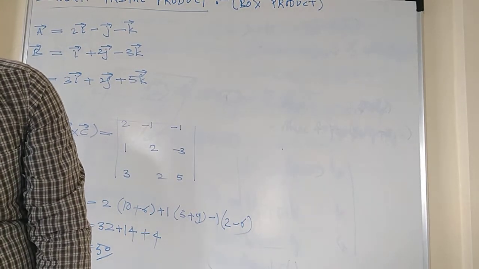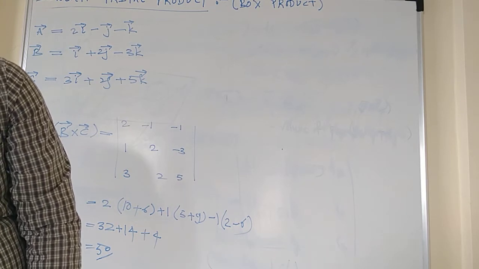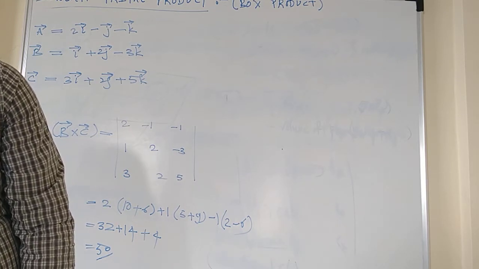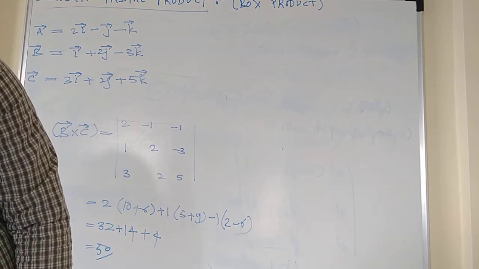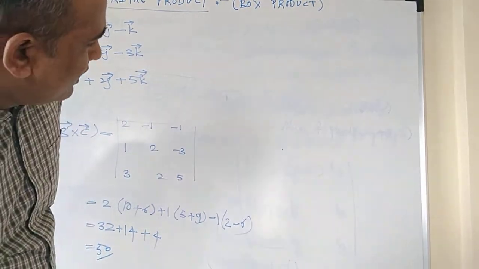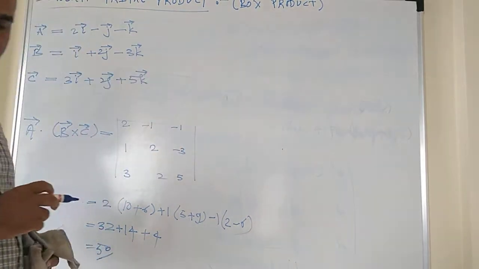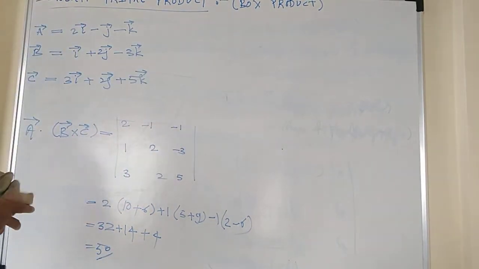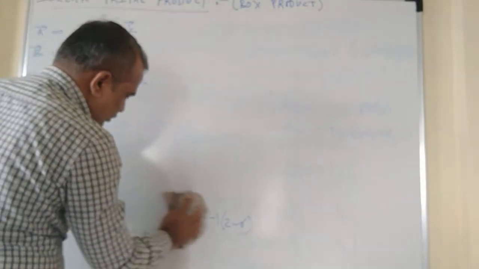So let us solve one more problem based on the same topic. The next problem is: show that the vectors a bar, b bar and c bar are coplanar. Now in order to show that the given three vectors are coplanar, what you should do? You should show that the scalar triple product of the three vectors is 0.